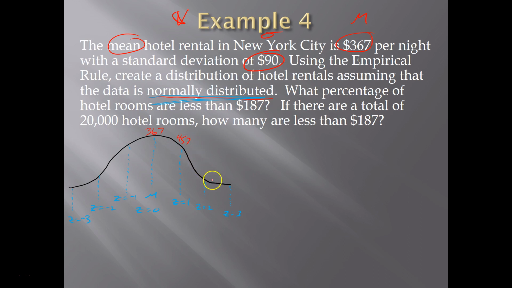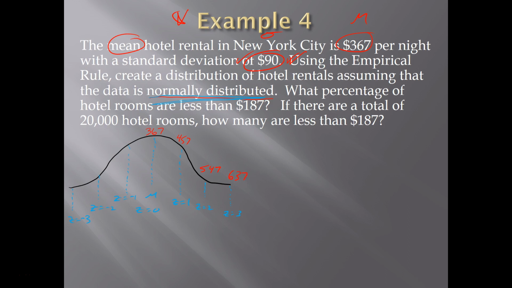All right, add another $90 to get to a z-score of 2. So add 2 of these, in other words, add 180. And that's going to get me 547. And then for a z-score of 3, add 3 standard deviations, add $270, and you're going to get $637.